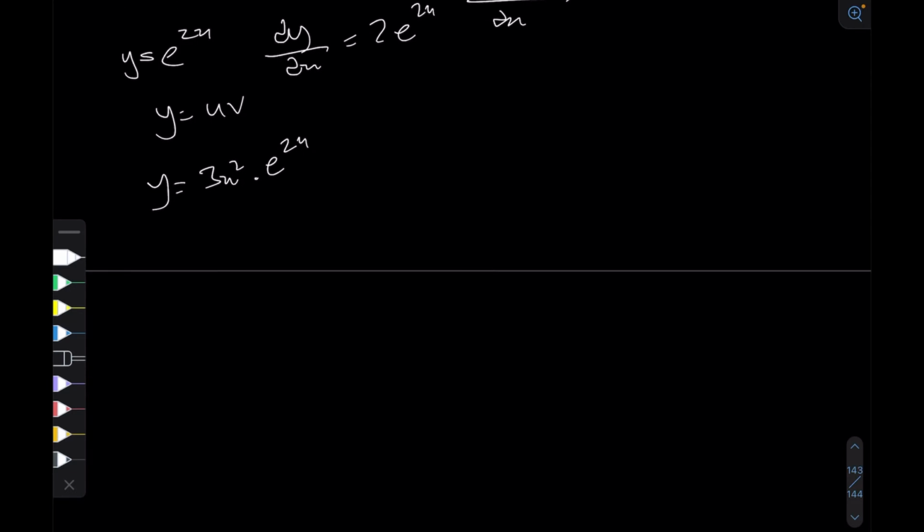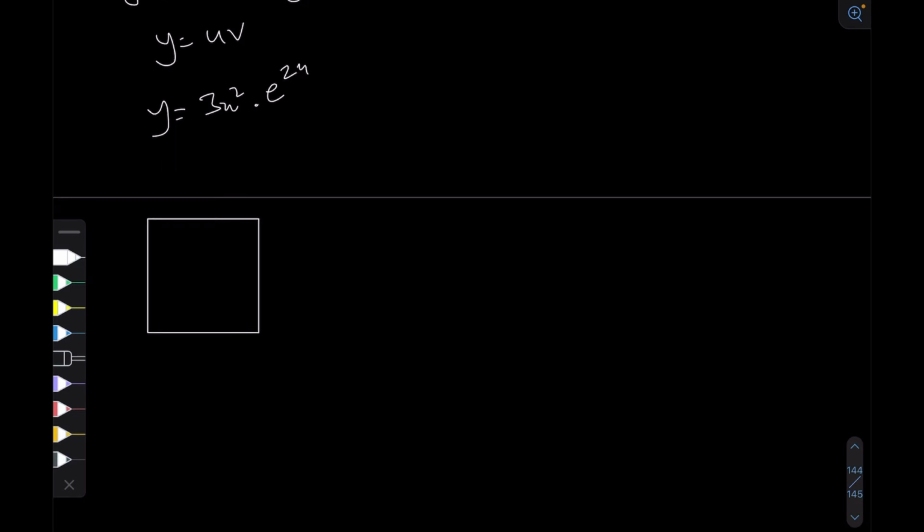Right. So let's take a rectangle, and if you're coming from the previous video, this would perhaps be somewhat similar to the power rule. So let's take a rectangle whose one side is 3x squared and the other side is e to the 2x, and the y value is the area enclosed by the rectangle. So 3x squared multiplied by e to the 2x.